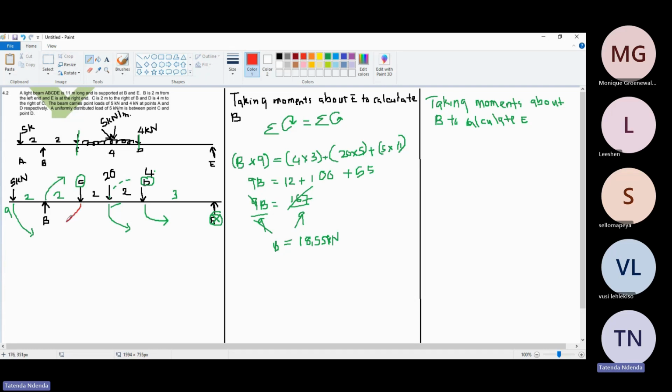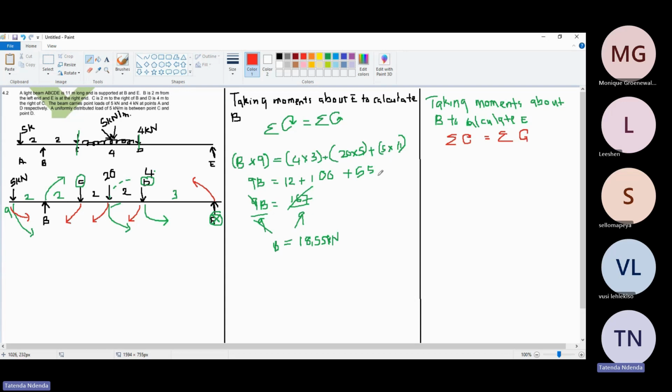So this one goes to B, this one goes to B, and this one goes to B, meaning the summation of clockwise moments is equivalent to the summation of anti-clockwise moments. Now it's defined.